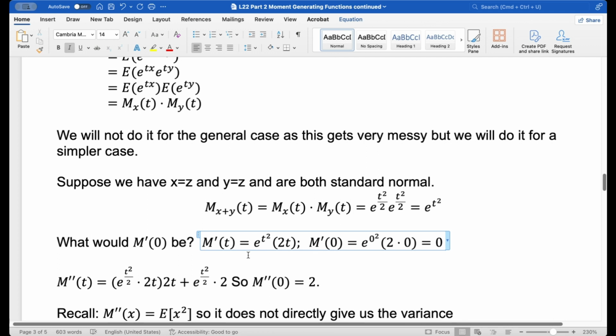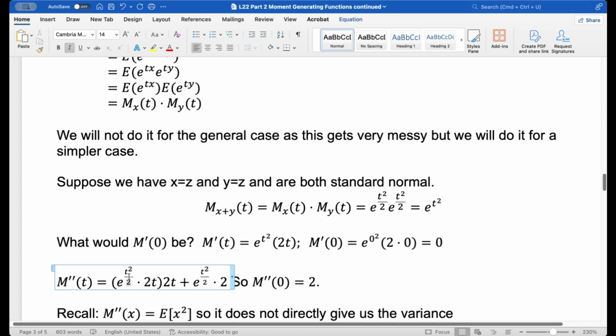Now, to do the second derivative, it's going to be a product rule here. Derivative of e to the t squared is e to the t squared times 2t, and then all that is times the second 2t. I think there's an error here. We don't need the t squared over 2.